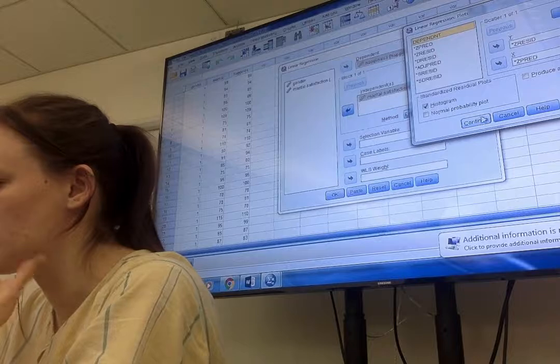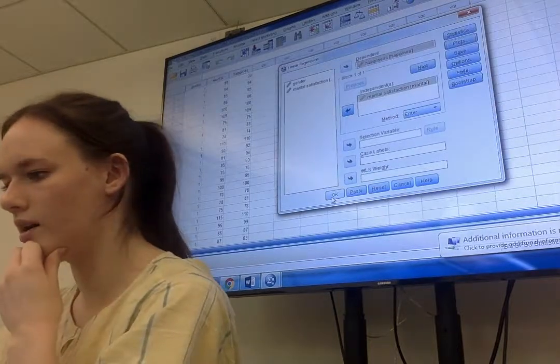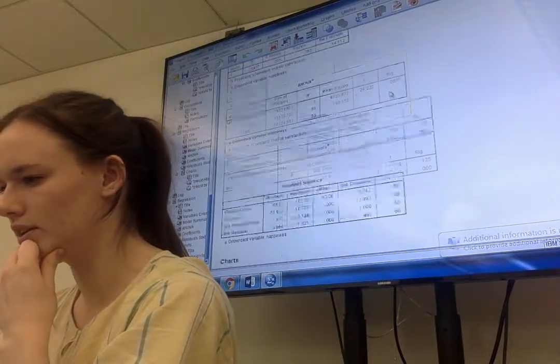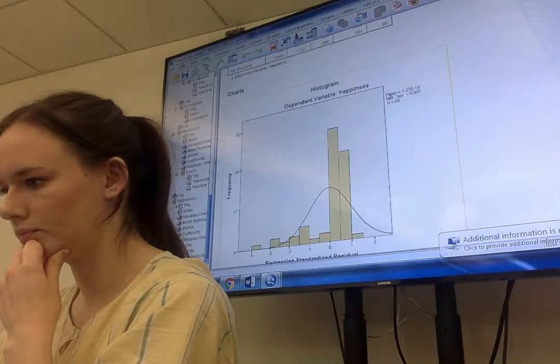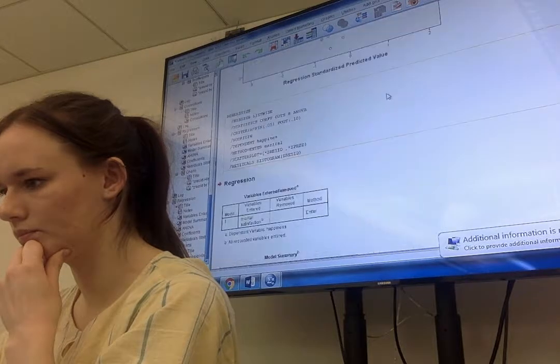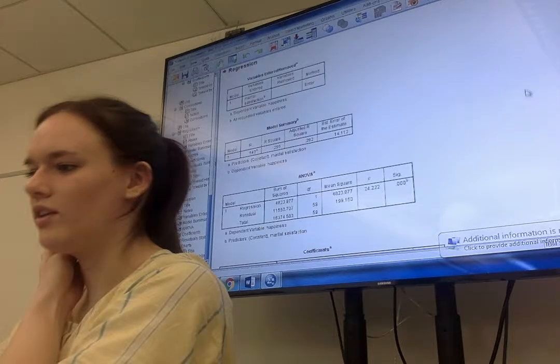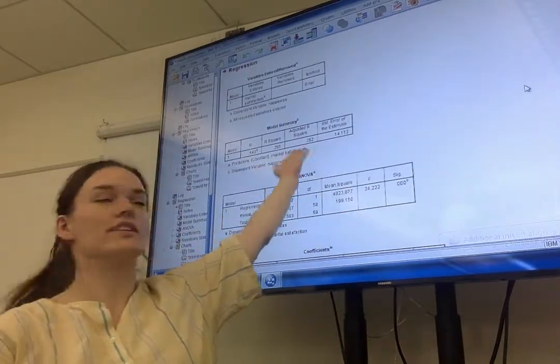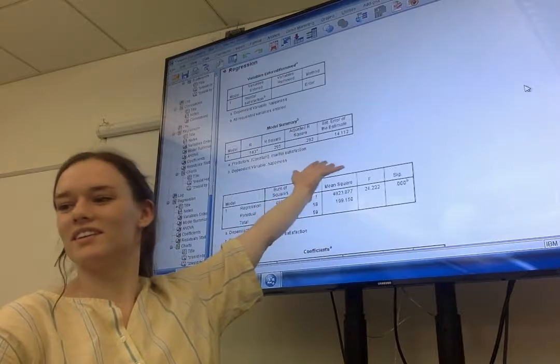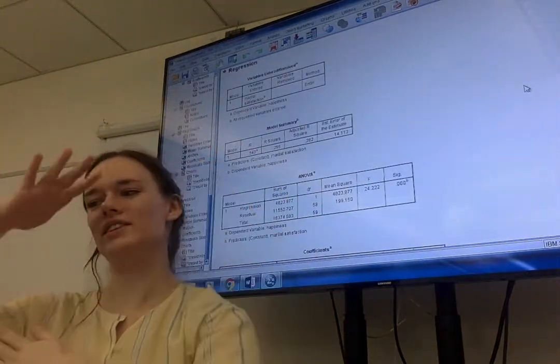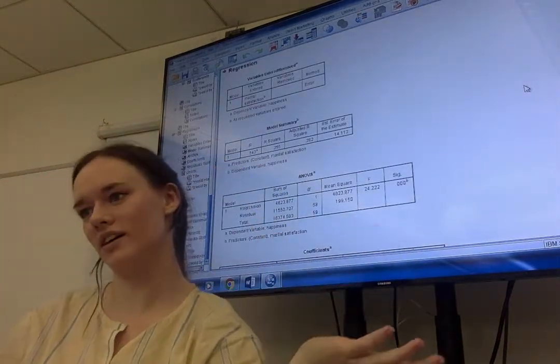Okay, yeah, the scatter plot should be the same. Let's look at that again. And you'll notice that the model summary didn't change at all because we just switched around the IV and the DV, but for correlation, it doesn't matter.